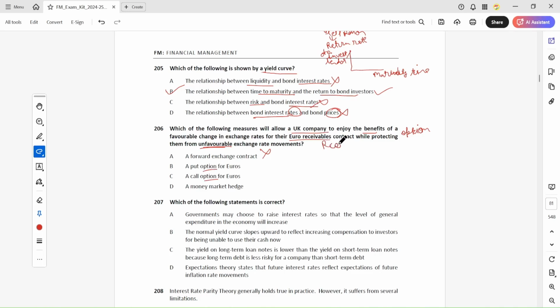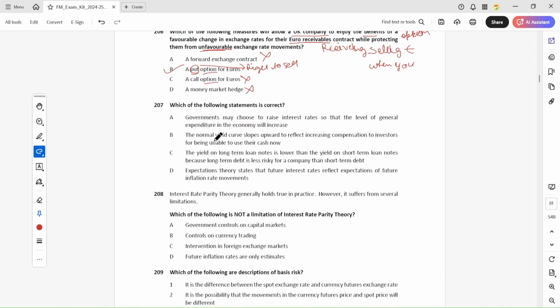Because you are receiving euro, so you will sell euro when you receive. So you will buy the put option, the right to sell the euro. Okay, so this one is right, but let's read the next. The call option, no. Money market hedge, no. The put option is the right one.